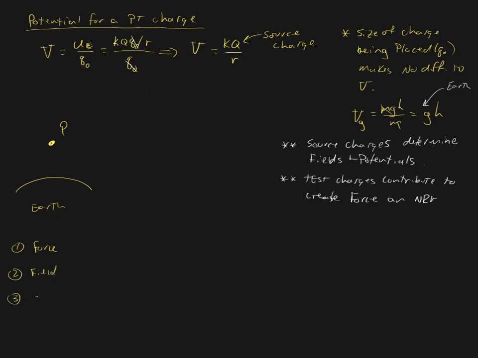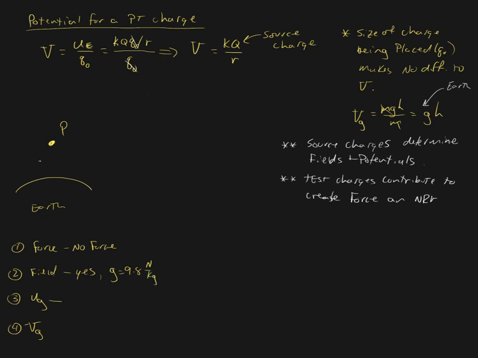Three, does potential energy exist? And then four, does gravitational potential exist? And so at this point above the Earth, is there a force located at this point? Absolutely not. So there's no force. But yes, we do have a field, and that field takes on a value of g, which is 9.8 newtons per kilogram.